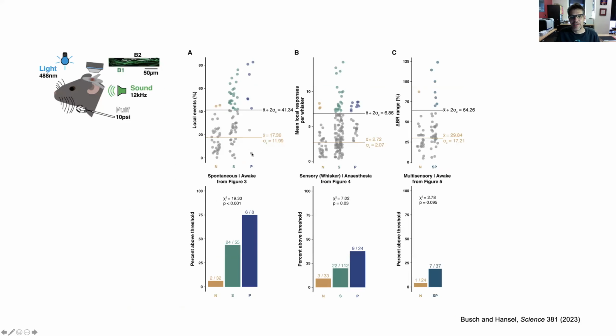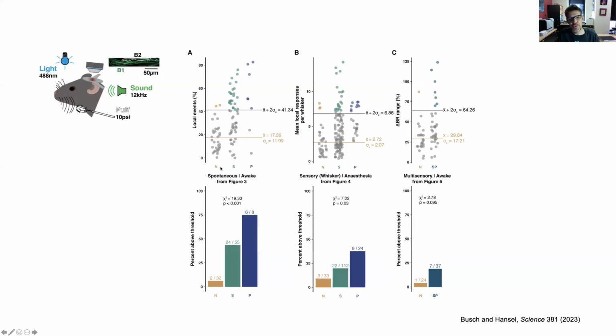And here, because I don't want to go through all these details of analysis, we also have in the third group this multi-sensory stimulation, and that means we present light stimuli or acoustic stimuli or air puff stimuli to the whisker field, and there are much more details, and that's awake again.